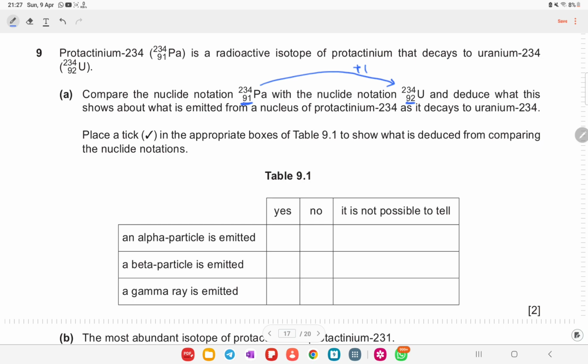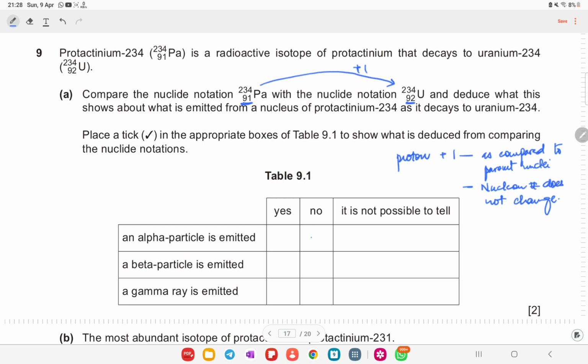Whenever the proton number is increased by 1 as compared to the parent nuclei, and the second thing is that the nucleon number does not change, this means that it's beta decay or beta radiation.